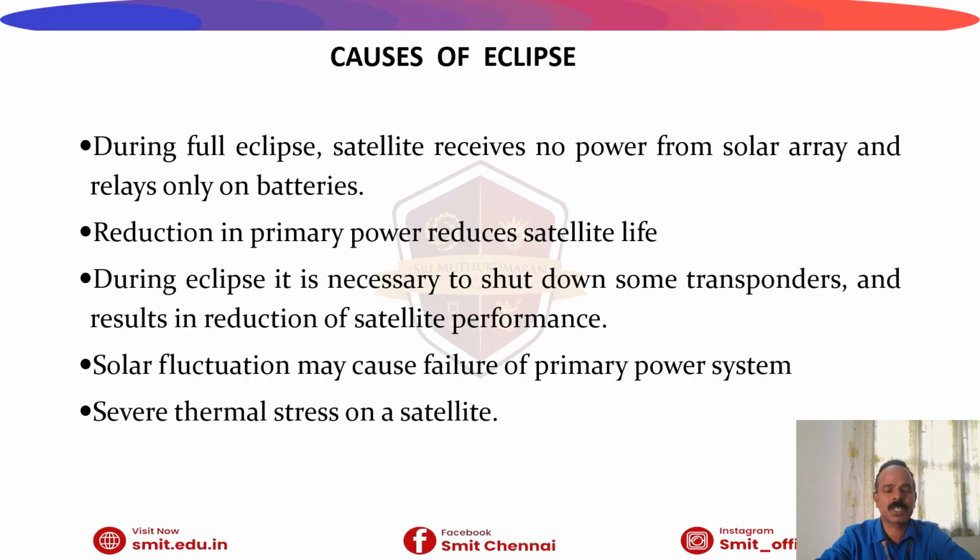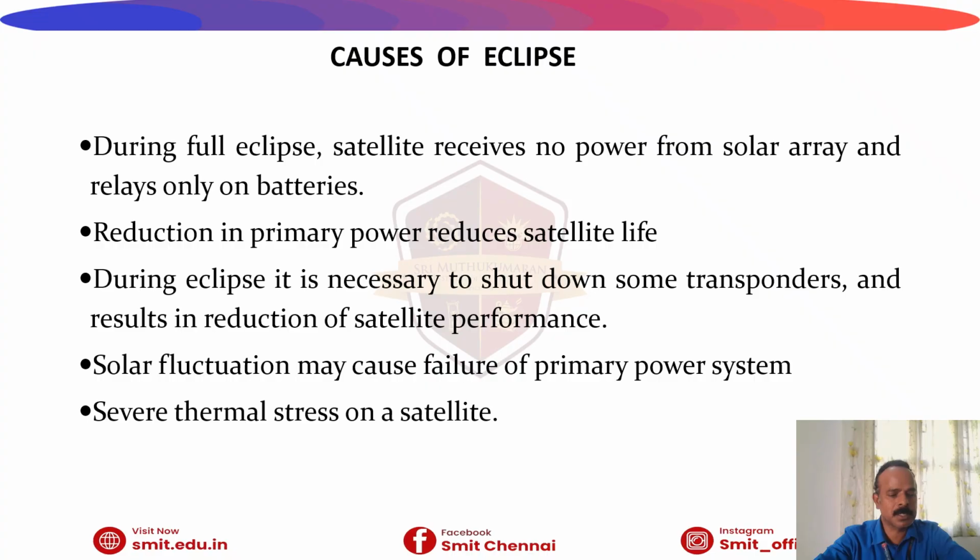There are some causes and effects of eclipse that we are going to see now. The eclipse affects the satellite performance in several ways. First, during the eclipse the solar panels cannot generate power, so the satellite must rely entirely on battery power. Second, the battery usage reduces the battery life over time. This reduces the overall satellite lifetime.